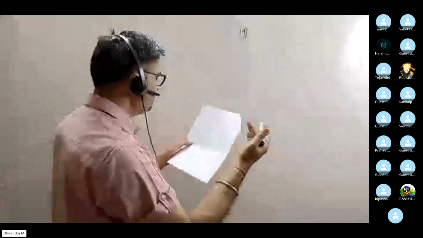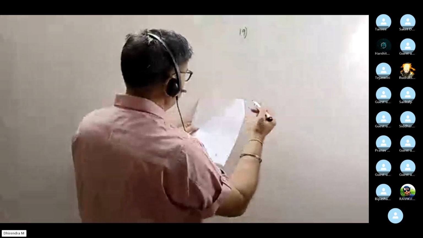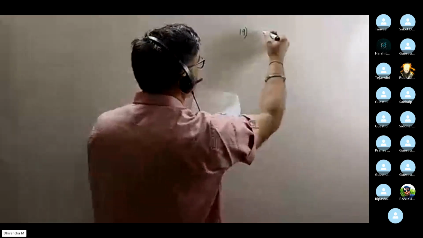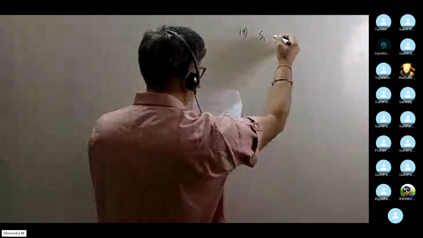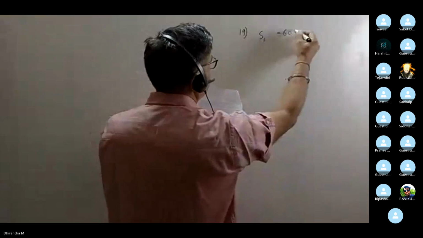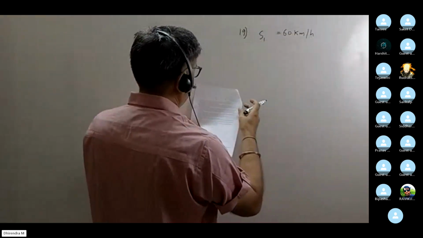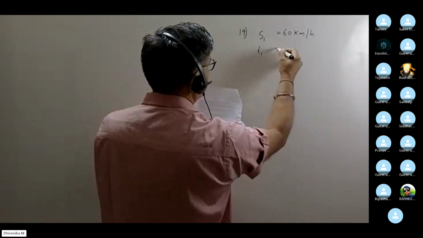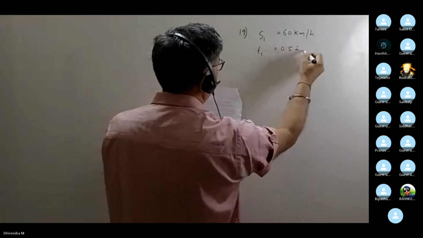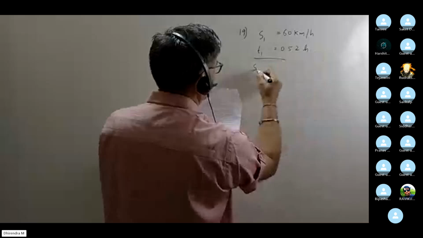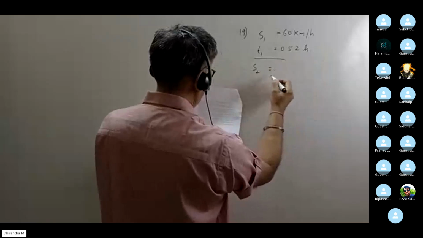A train travels at a speed of 60 kilometer per hour for 0.52 hours. So let's take speed 1 is equal to 60 kilometer per hour, and time is equal to 0.52 hours.